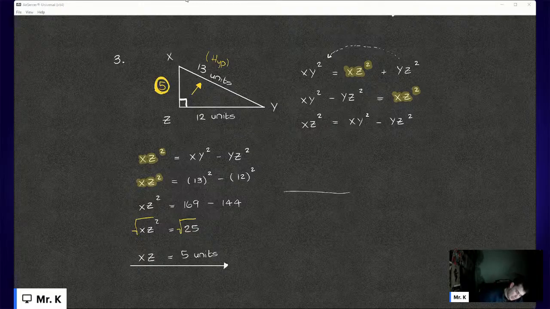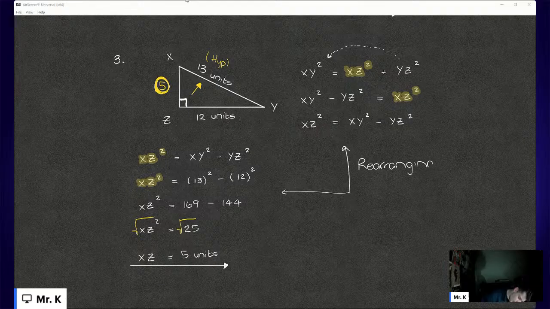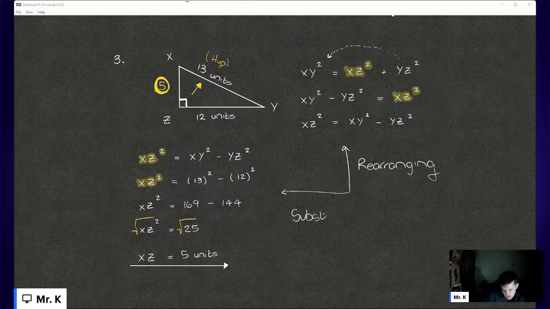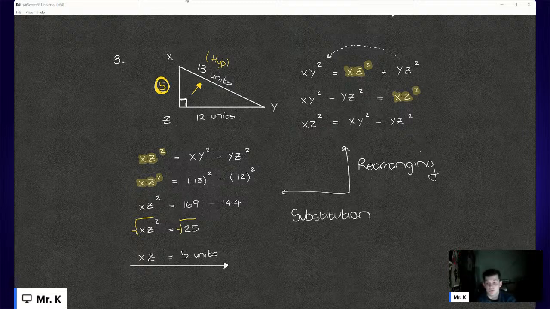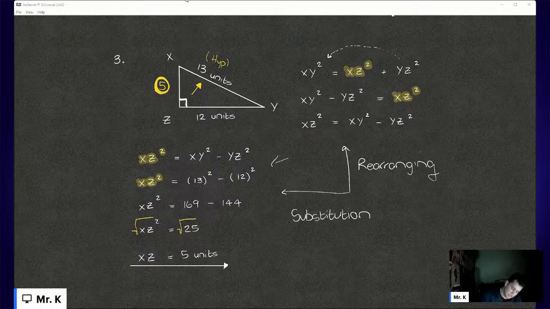Please take note of the fact over here we have two separate parts. This is rearranging the formula, or the theorem actually. And on the left-hand side, we have the substitution. As far as your marks are concerned, guys, it'll probably be a mixture of these two, but the information over here on the left does carry more value.